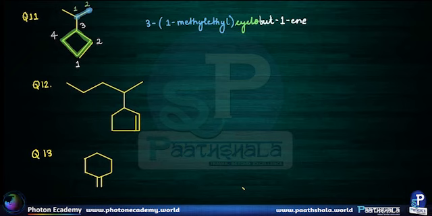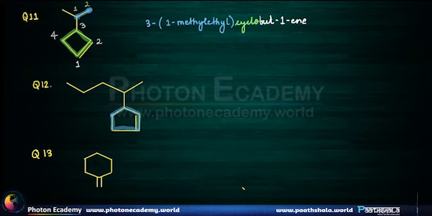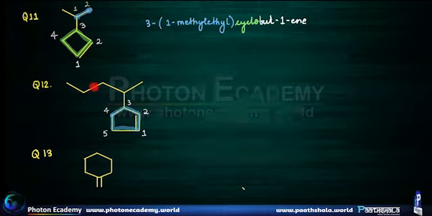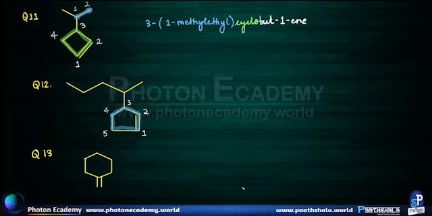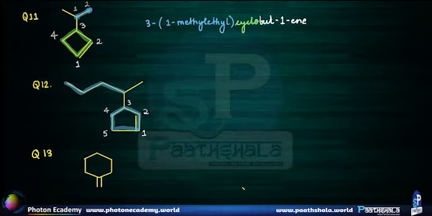In question number 12, the correct main chain will be this. It has the double bond, and numbering will start from this carbon. This is a complex substituent, and the main chain for this complex substituent will be this. Let's number the complex chain: 1, 2, 3, 4.